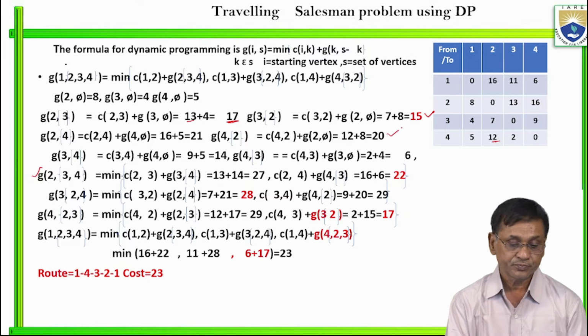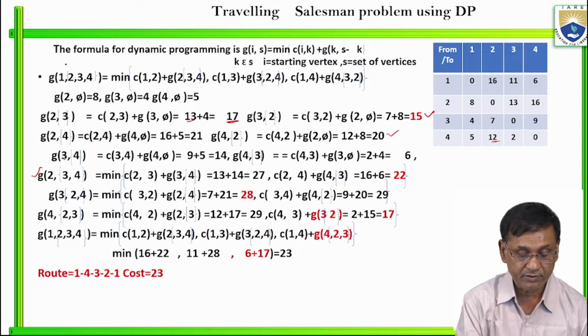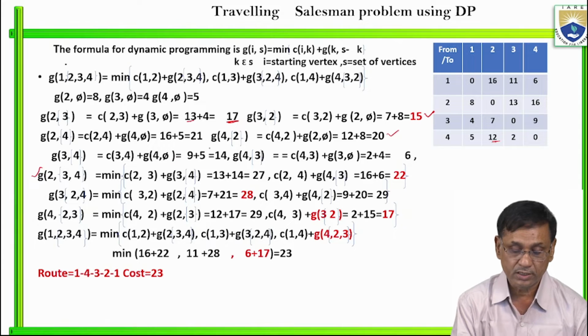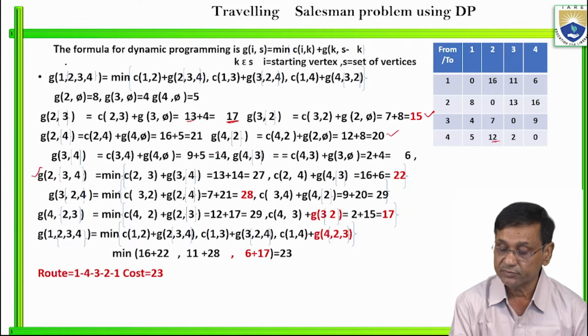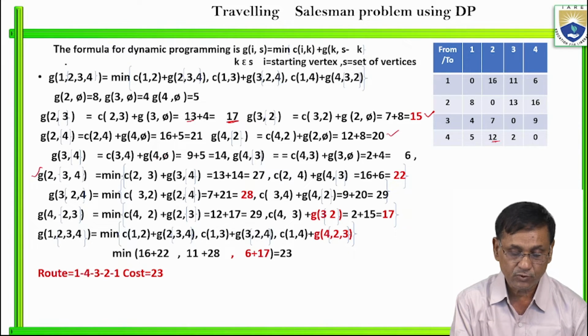That is equal to 20. Similarly, cost of going from the starting vertex 3 to the set of vertices {4} is equal to cost of edge 3 comma 4 plus cost of going from 4 to 1. C of 3 to 4 is 9 plus G of 4 to 1, which is equal to 5.